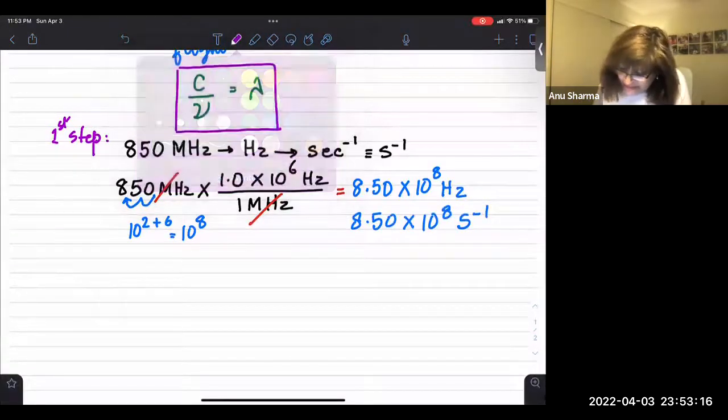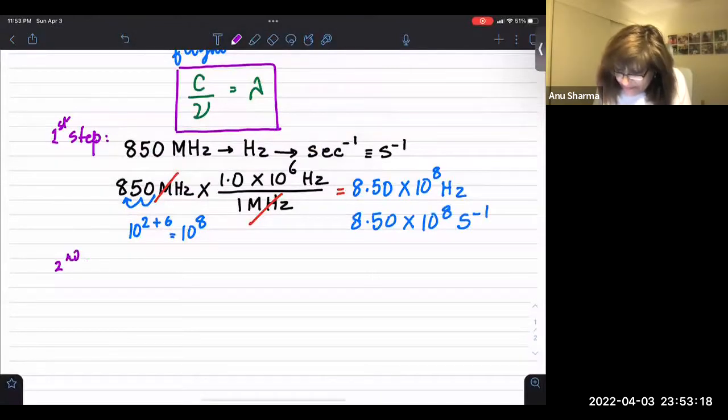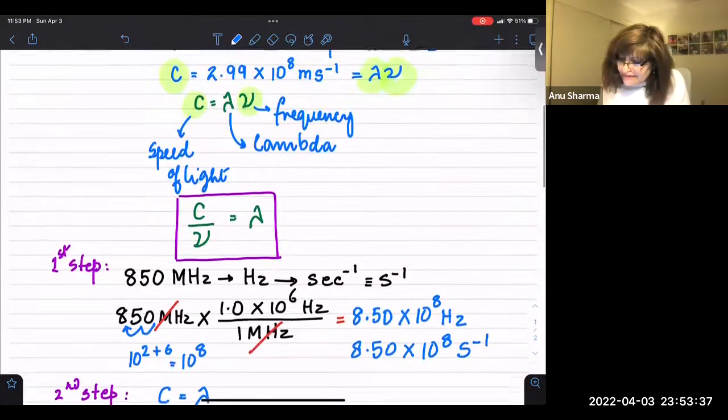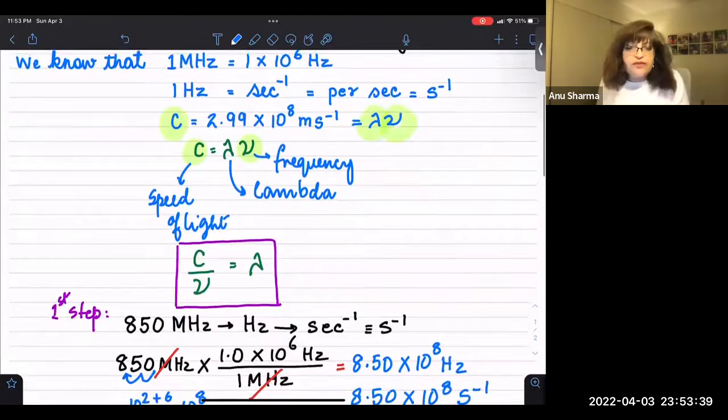Next is the second step. Here we will just substitute the values. We know that C over the frequency is equal to the wavelength, and we need the wavelength in meters. So what is the value of C? C is 2.99 × 10^8 meters per second.